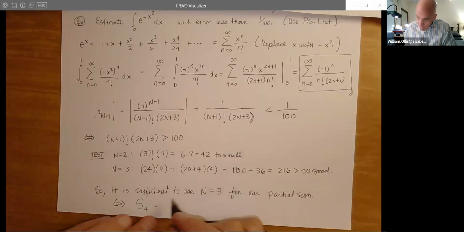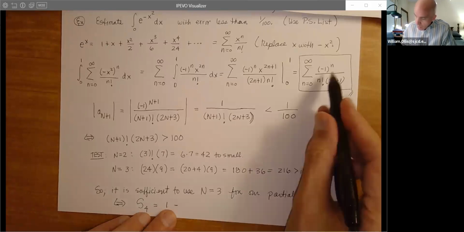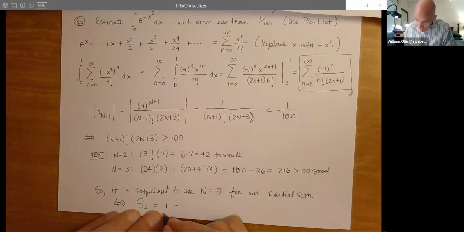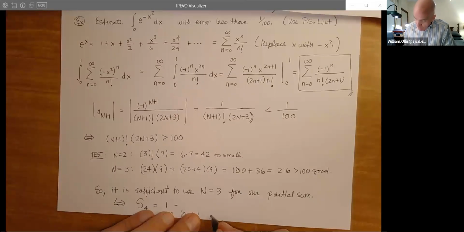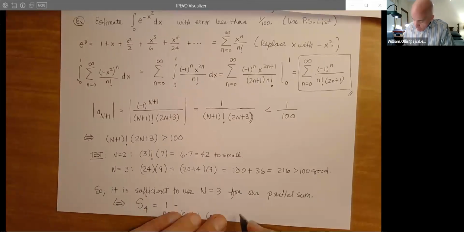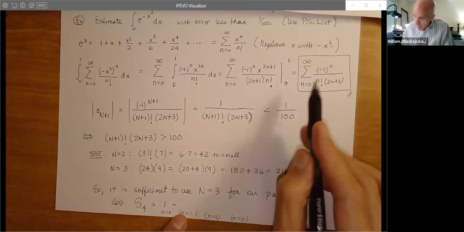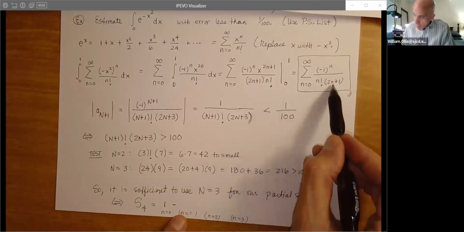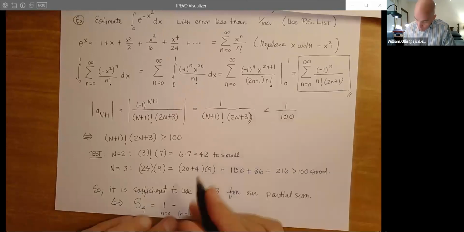This will be 1 minus, now here, let me just write these down, n equals 0, n equals 1, n equals 2, n equals 3. For the 1 term, that's going to be a negative. So we get 1 times 3, so that's 1/3.